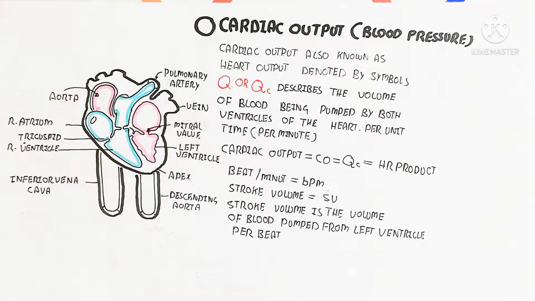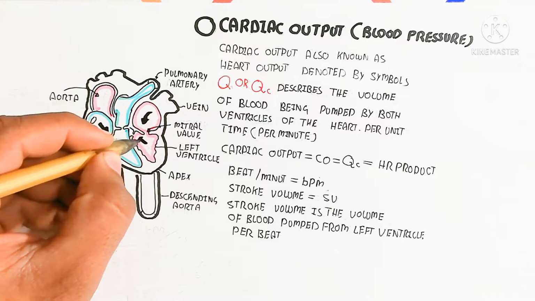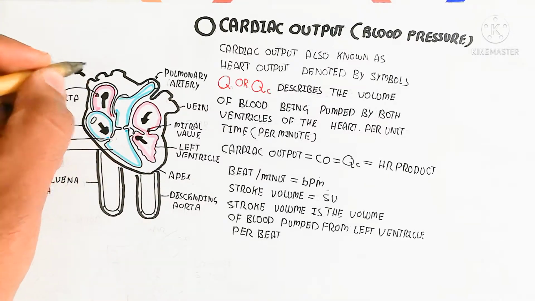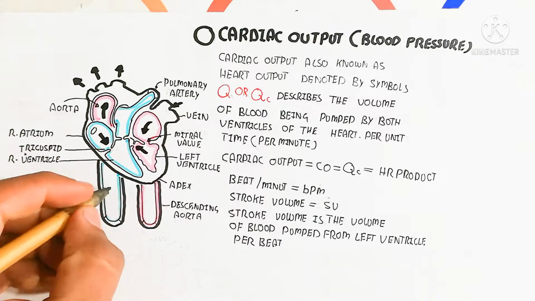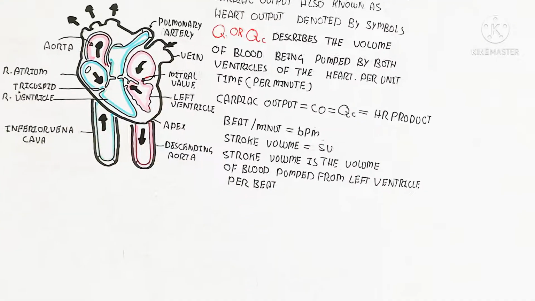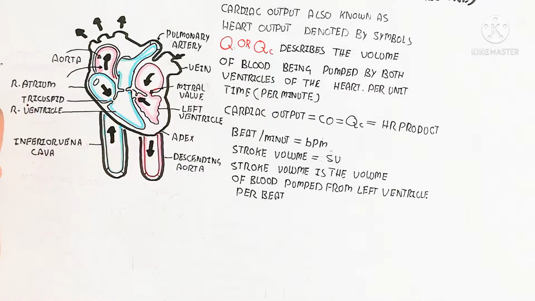The pulmonary artery contains deoxygenated blood, and the pulmonary vein contains oxygenated blood. The arrows show that the superior and inferior vena cava drain blood into the right atrium, while the pulmonary vein drains oxygenated blood to the left atrium.